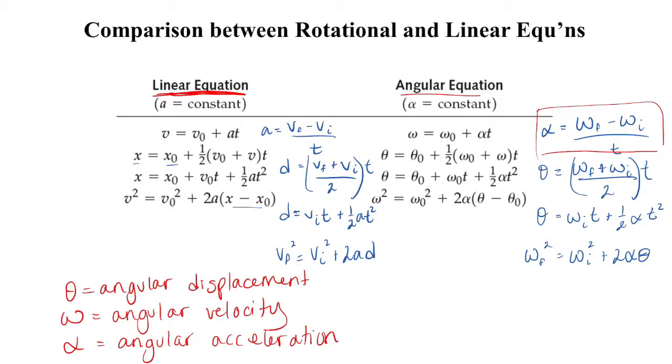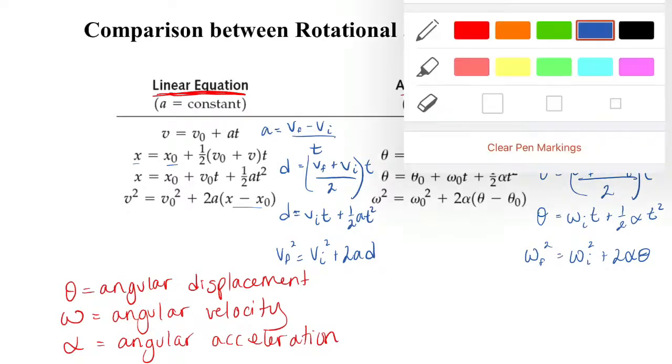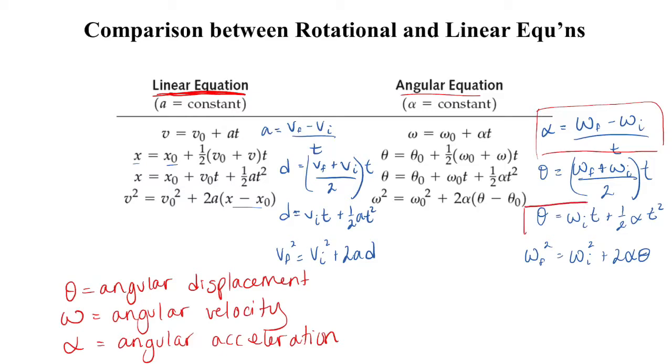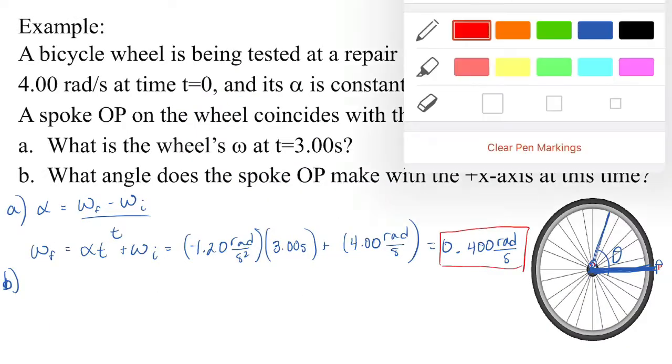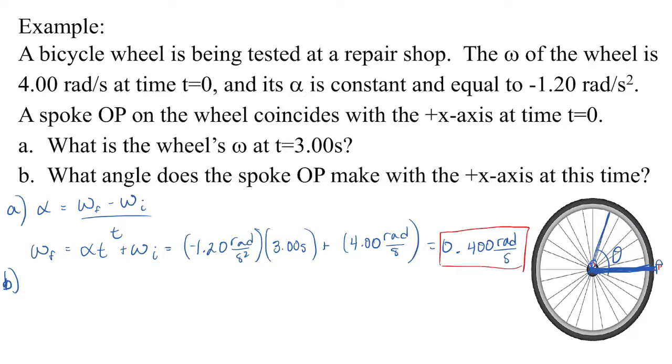Well, basically, we kind of have our pick at this point, since we have everything except for that angular displacement. But I'm going to go with this guy because it's already kind of set up for us, and plus it's also just using all the stuff that was given to us in the question, just in case we messed up on that last equation.